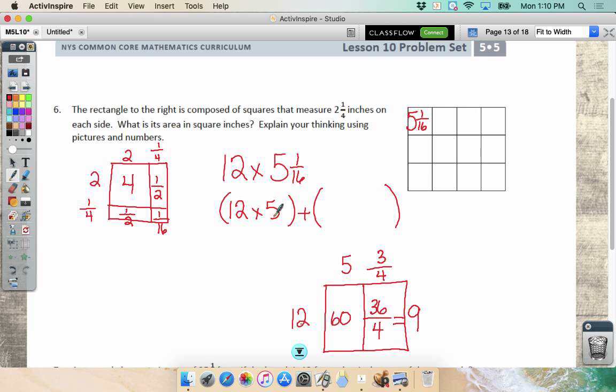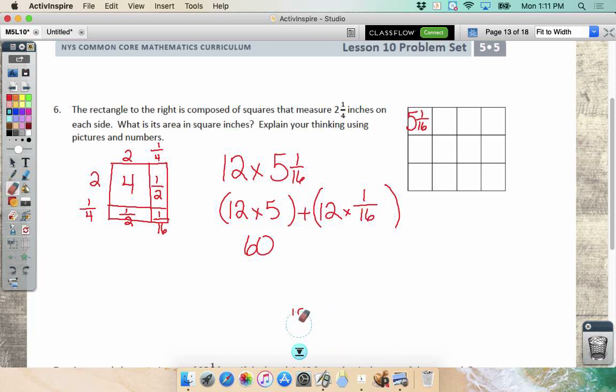And then 12 times 1/16. Don't say any answers. So I've got 60. Twelve sixteenths, right? Everybody understand how I got 12 sixteenths?